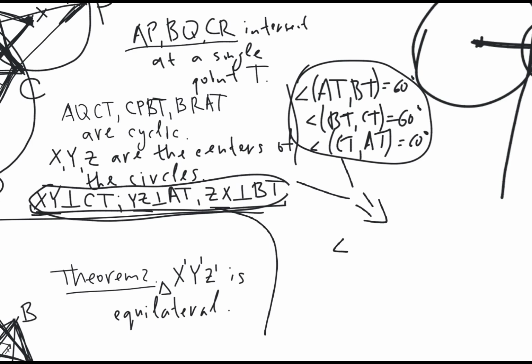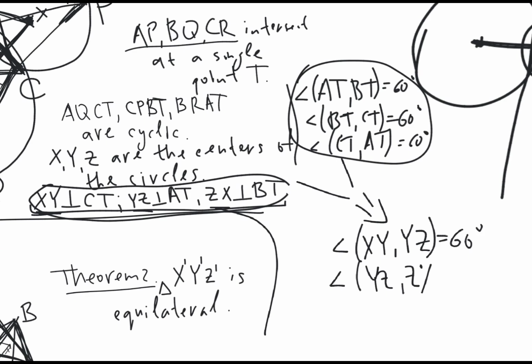So the angle between the line XY and YZ is equal to 60 degrees. The angle between YZ and ZX is equal to 60 degrees, and the angle between ZX and XY is also 60 degrees, right?